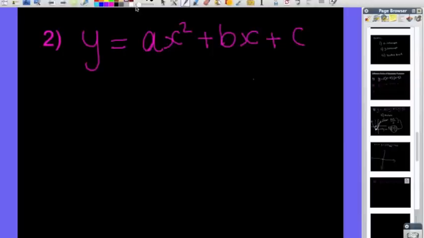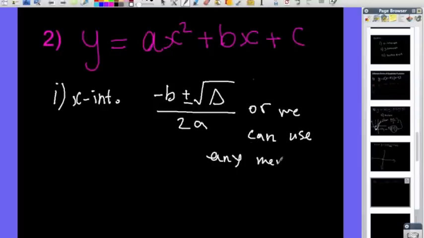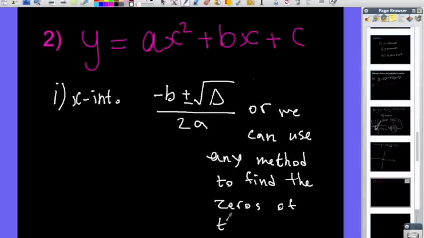Okay, so now in this form, in order to find the x-intercepts, you use the formula of negative b plus or minus root delta divided by 2a, or we can use any method to find the zeros of the function.